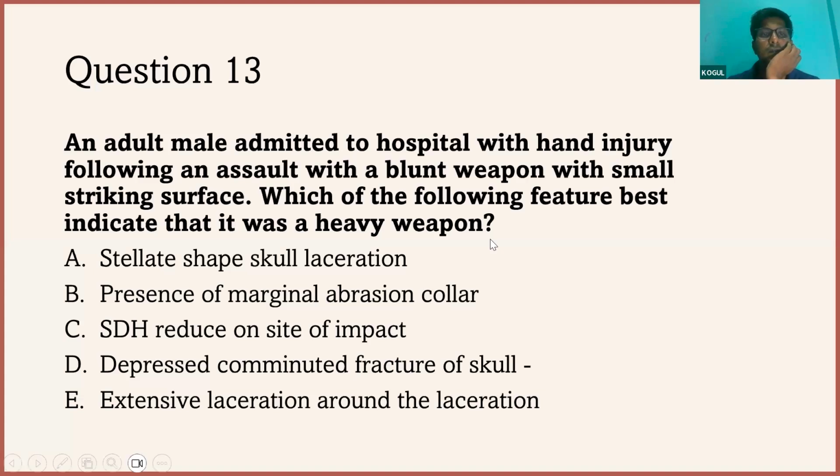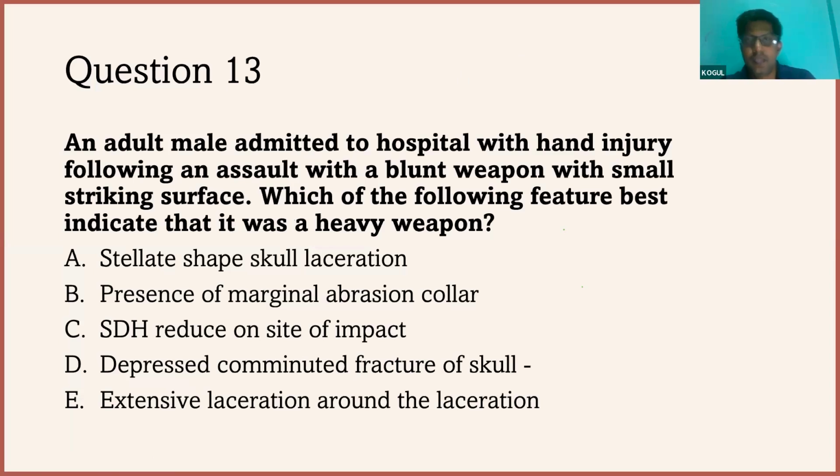Stellate shape of skull laceration, marginal abrasion, scalp reduced at the site of impact, depressed comminuted fracture of the skull, extensive laceration around the laceration. That is the answer D. Yes, D is the single best answer.